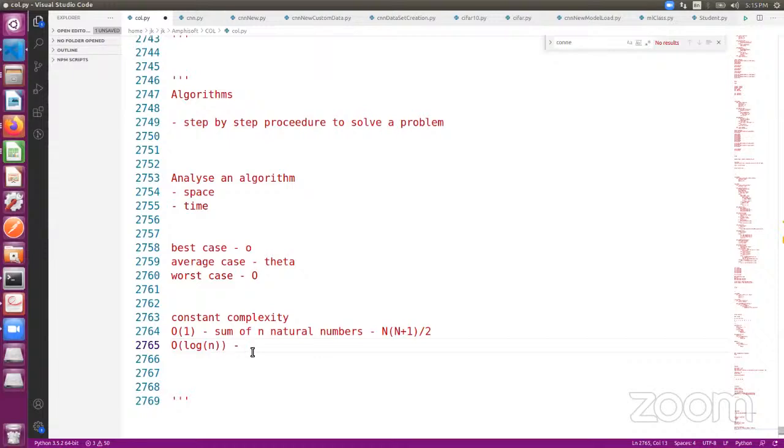Any example for log n complexity? Binary search.